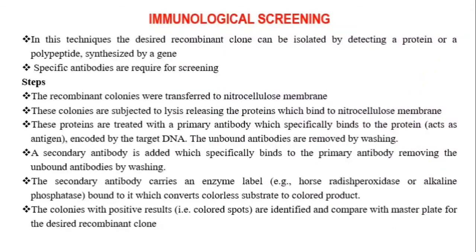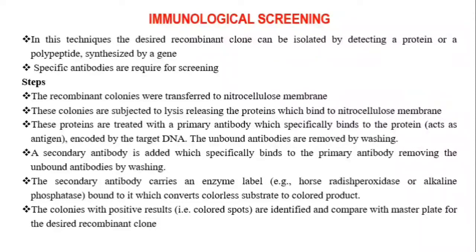In this technique, the desired recombinant clone can be isolated by detecting the protein or polypeptide synthesized by a gene. In the previous techniques, we isolated the clones by detecting the sequence present in a recombinant DNA.